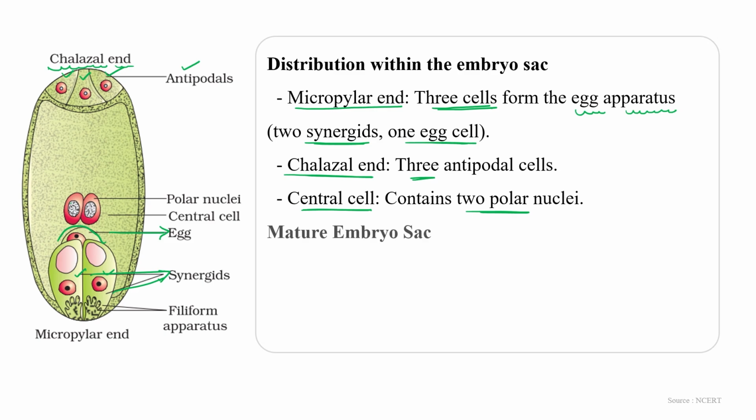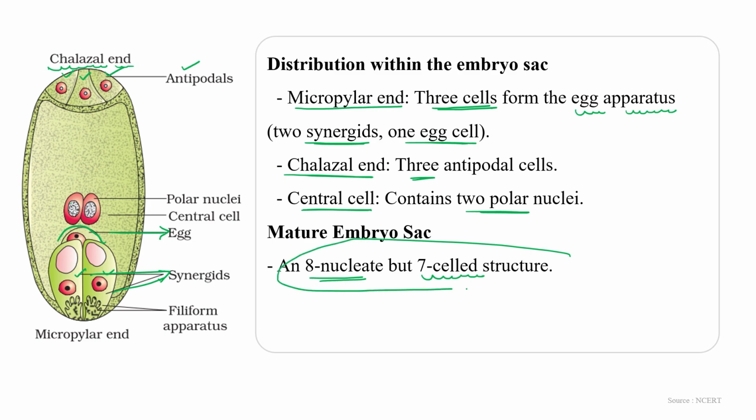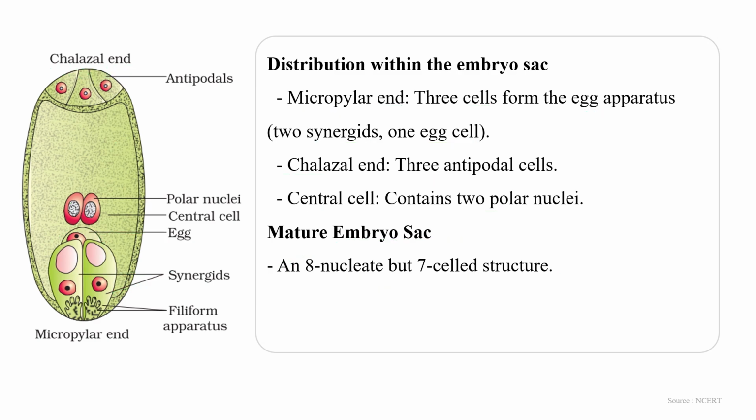So the mature embryo sac is an 8 nucleated but 7 celled structure, because in the central cell 2 nuclei are present as polar nuclei.